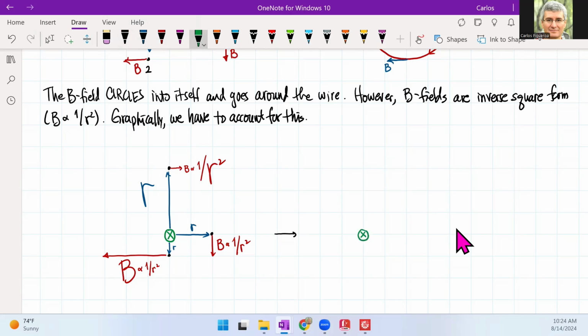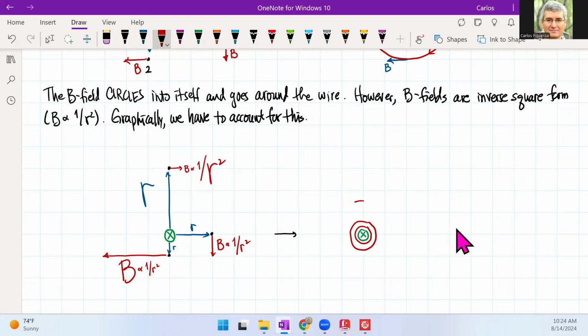We see that we're going to have magnetic fields that circle. As they circle, if they're really close here, you're seeing that the line density is very high. If it's very high, that means the magnetic field there must be very strong.